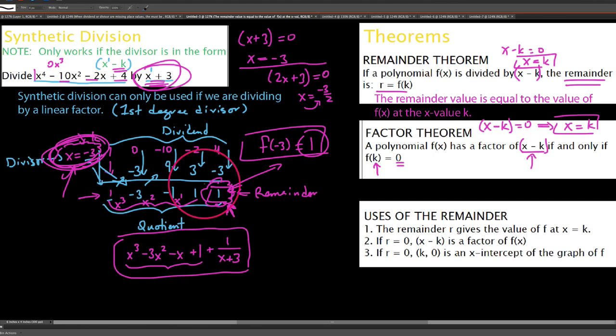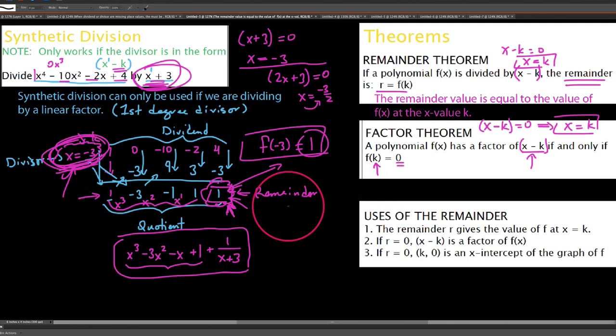What we witness here is this: because we did get a remainder, our graph was not on the x-axis at this x value. Therefore, x plus 3 certainly is not a factor because it didn't go in evenly. Furthermore, we could say that the function's value at this x value is 1, which is not 0, which is not on the x-axis.